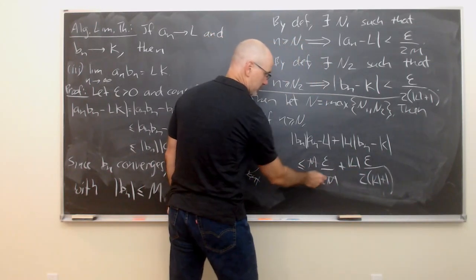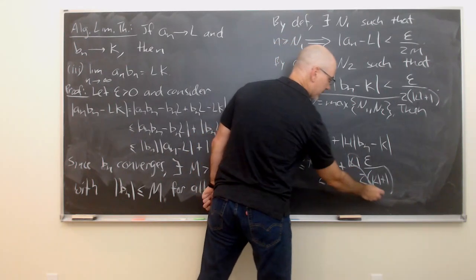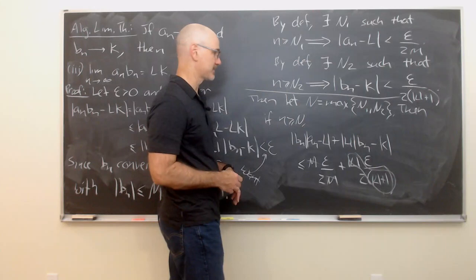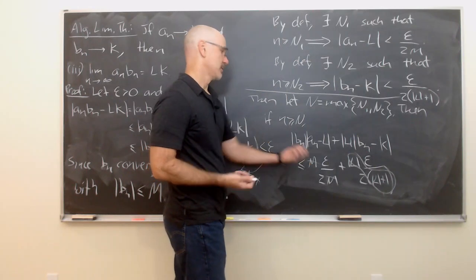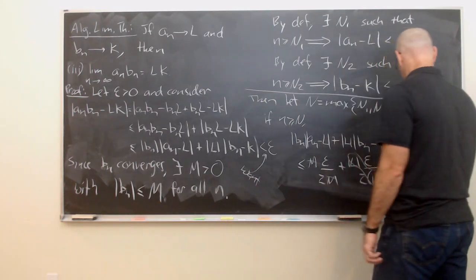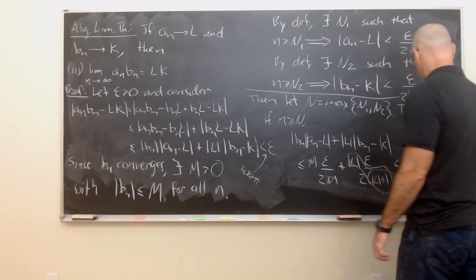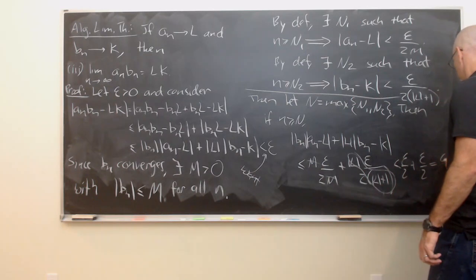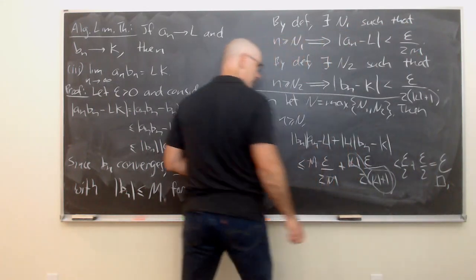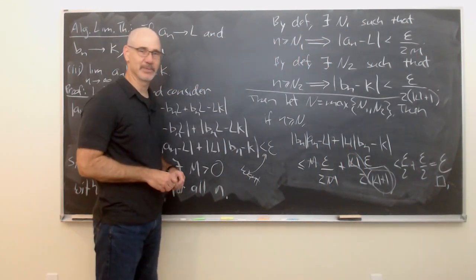The M's cancel. The L over L plus 1 piece is smaller than 1, and so that piece is less than epsilon over 2. Epsilon over 2 plus epsilon over 2 means I've arranged for the whole thing to be less than epsilon.